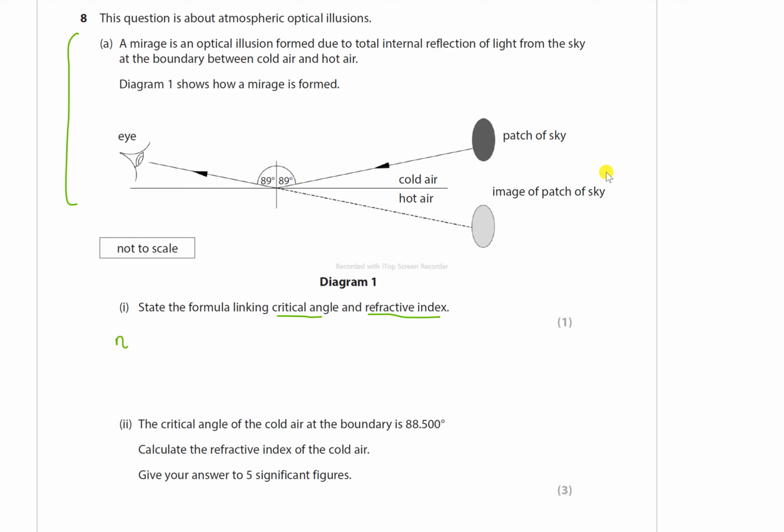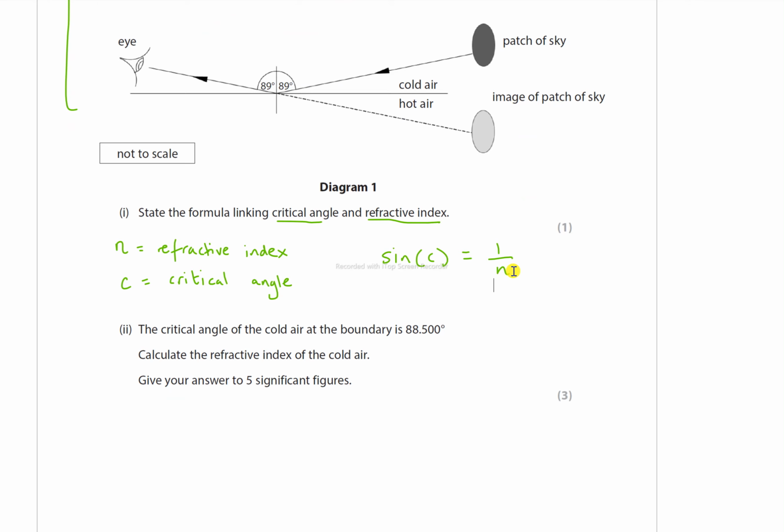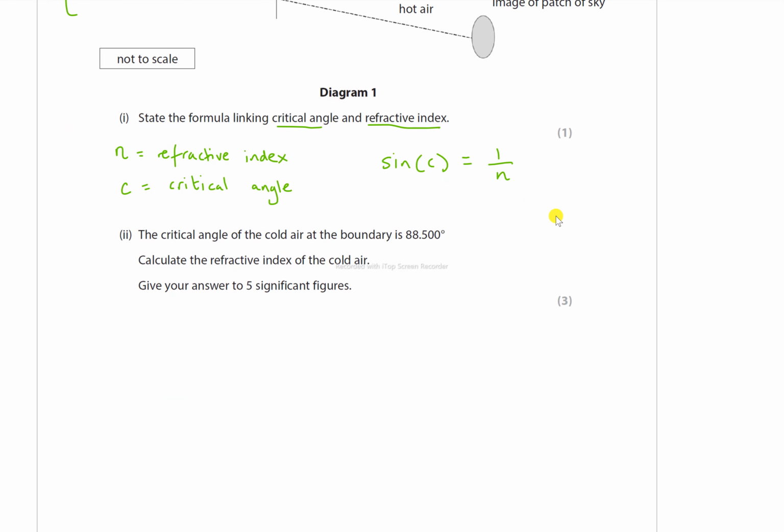So refractive index is n, and c is the critical angle. Right, so we're going to link those: sine c equals 1 over n. 1 mark, simple, right?